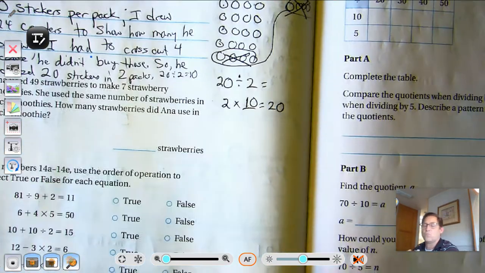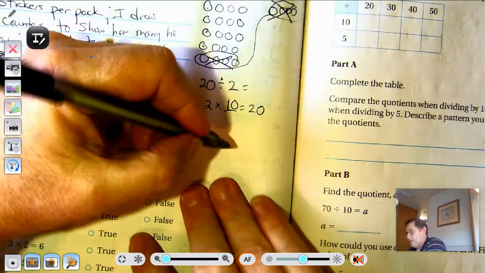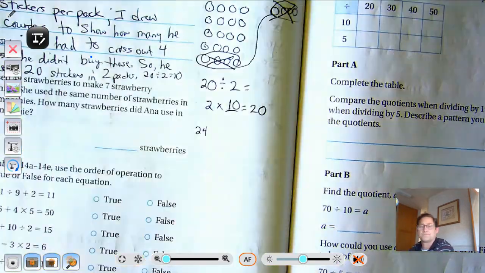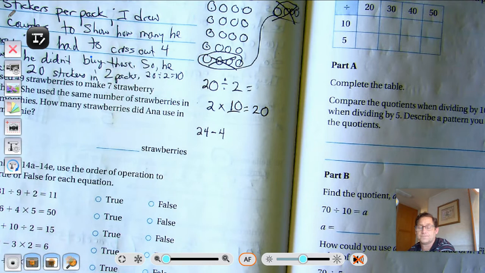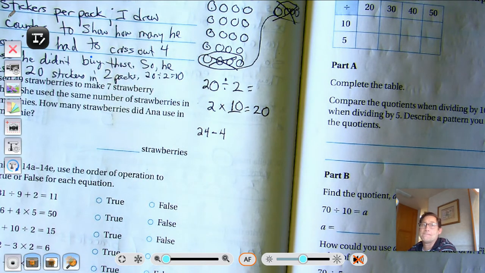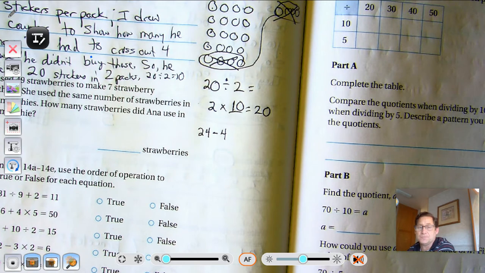So what would that look like if I just wrote an equation using order of operations? We have the 24, and we have to subtract 4. And then we divide it by 2.